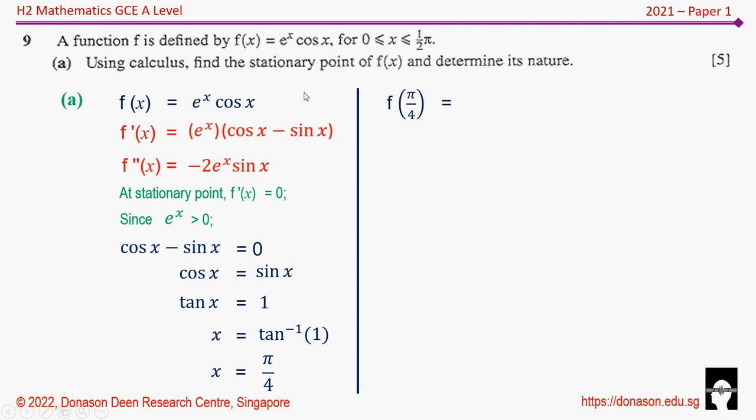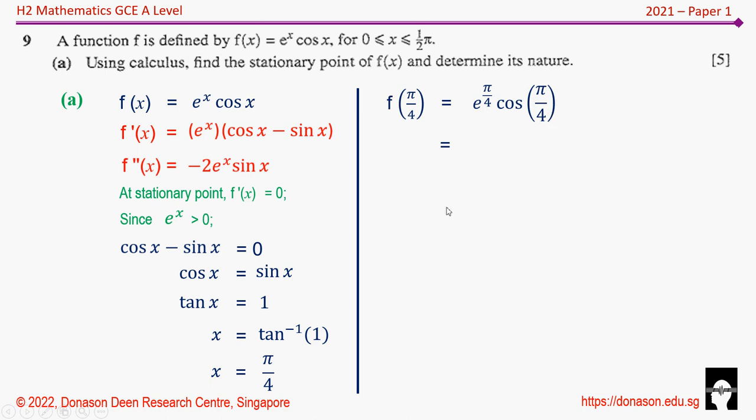Now we need to find what is the y coordinate of the stationary point. Let's take x equals pi over 4 and replace the x in the function of x. So f of pi over 4 should be equal to e to the power of pi over 4, which I have written here, and then cosine of pi over 4 radians or 45 degrees.